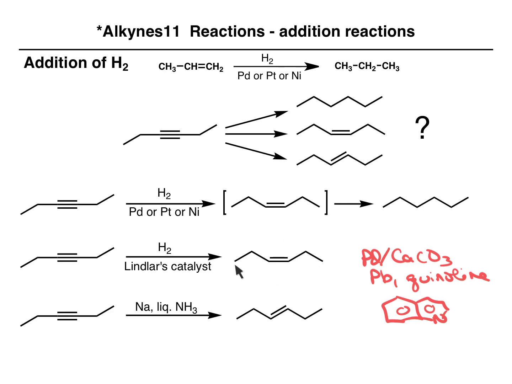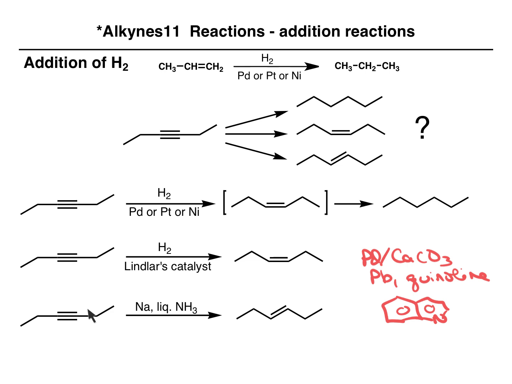Now, this ability to make a cis alkene is also important because if we think about some of the ways that we learned how to make alkenes, such as a dehydration or dehydrohalogenation, the trans alkene would be the major product, and so this instead gives us a way to make the cis alkene. But what if we want the trans alkene?